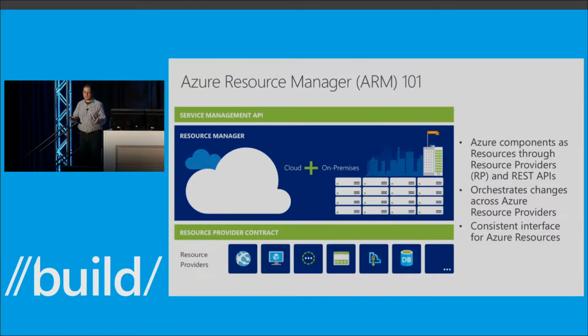These are all resources. ARM basically is a way to uniformly describe, through templates and imperative APIs, how you can compose an application out of these resources, how they relate to each other, and how they should be deployed cohesively. It does the orchestration for you for your resources.